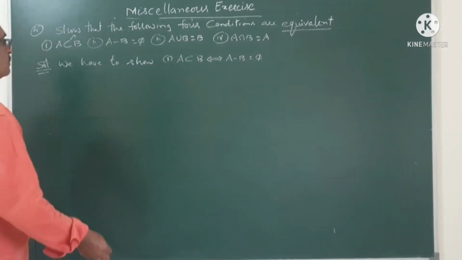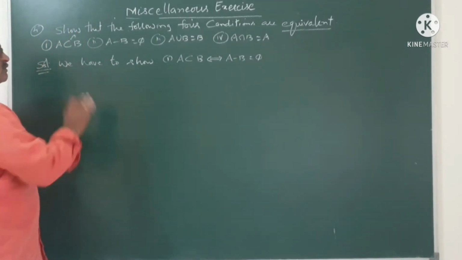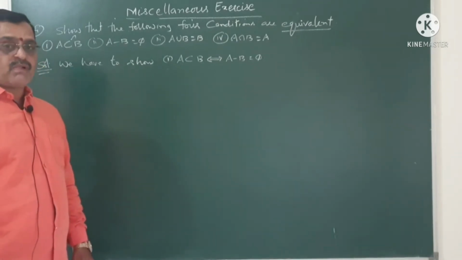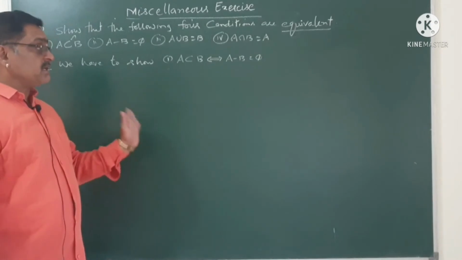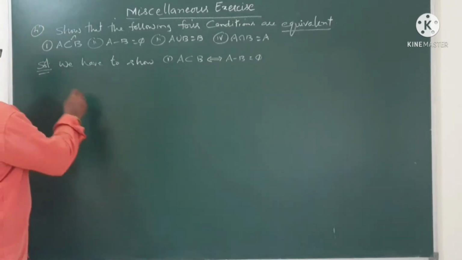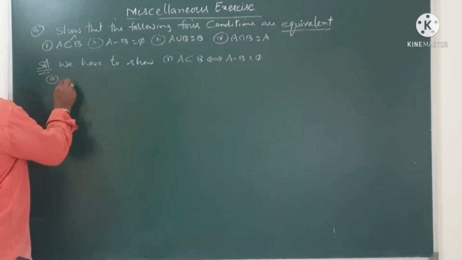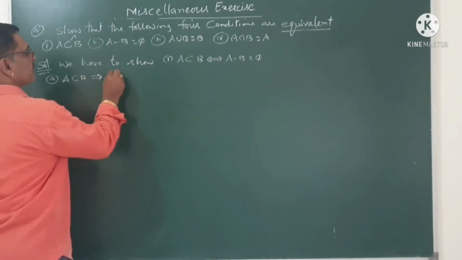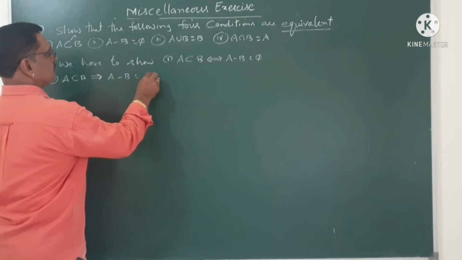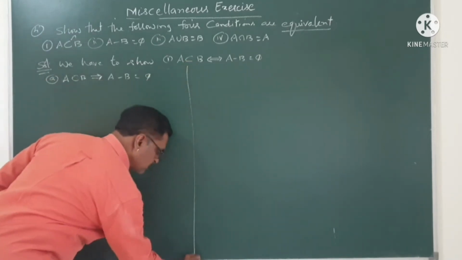The first one, number one, we have to show that A is subset of B implies and is implied by A minus B is equal to phi. It has two parts. Part one: A is subset of B implies A minus B is equal to phi. This is the first part.